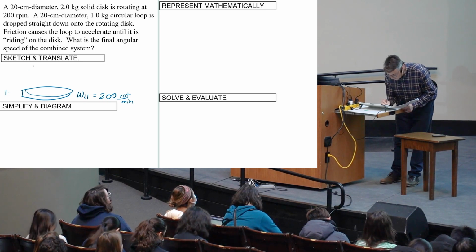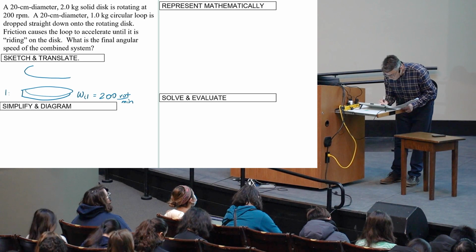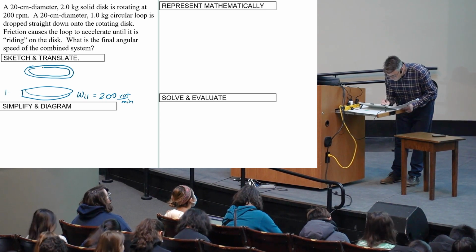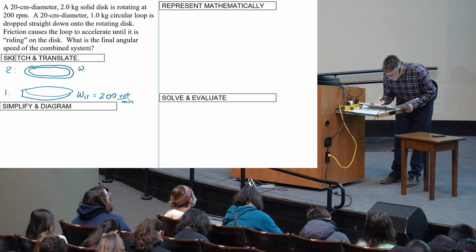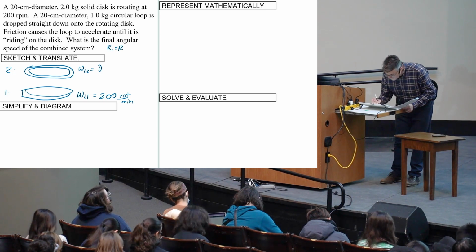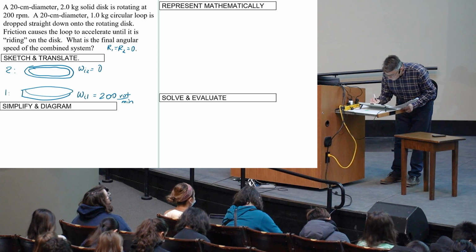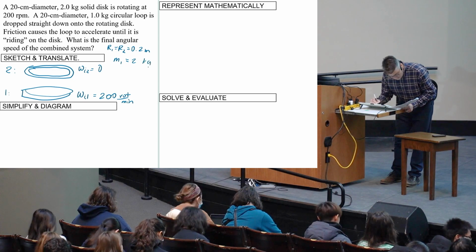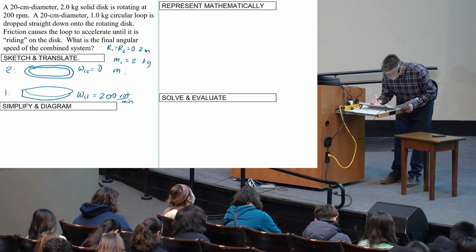That's a little harder to draw. I don't really have a lot of art skills, so just bear with me. It'd be like a donut. We're going to call this 2. And the omega initial of 2 is 0. So R1 equals R2 is equal to 0.2 meters. M1, the bottom thing, is 2 kilograms, and M2, the hoop, is 1 kilogram.